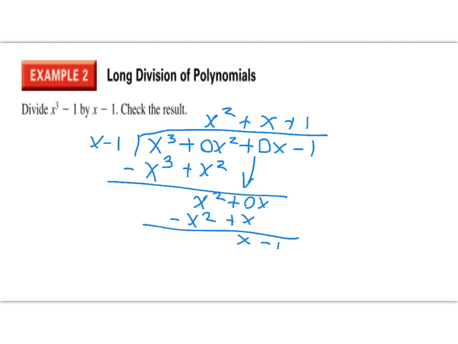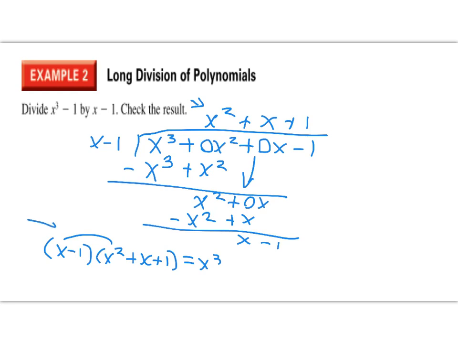Okay, now unfortunately you cannot factor this, so what we would do is say x minus 1 times x squared plus x plus 1. And that should equal your original equation. So if I go ahead and multiply through, x cubed, this is how you check it.